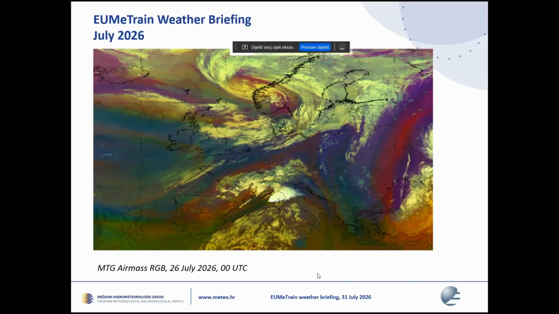We can recognize where the warm and cold air masses are, and as we can see, there is some cloudiness in southern France and northern Italy, which is connected to the trough, and southeastern parts of Europe are under the ridge, as is this Atlantic part.